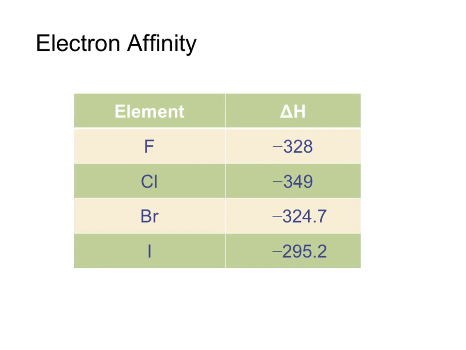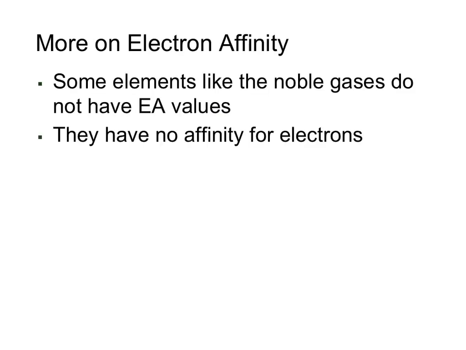And so whereas we do see a general upward trend here, we do see a break in that pattern when it comes to fluorine. There are some elements, like the noble gases, that do not have electron affinity values, simply because they have no affinity for electrons. Noble gases are already stable with their electron configurations. They really do not want to have another electron added.